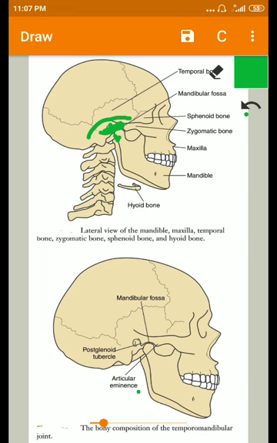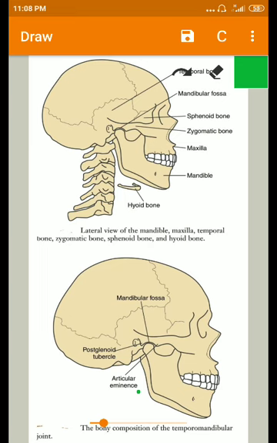Another thing in relation to the structure is that it is a synovial joint. Normally the articular surfaces are covered by hyaline cartilage in a synovial joint. But in the case of the temporomandibular joint, these articular surfaces are covered by dense collagenous tissue which has only some chondroblasts.